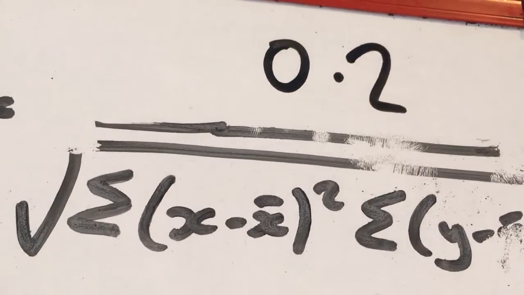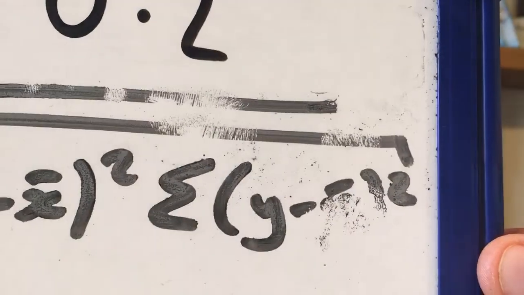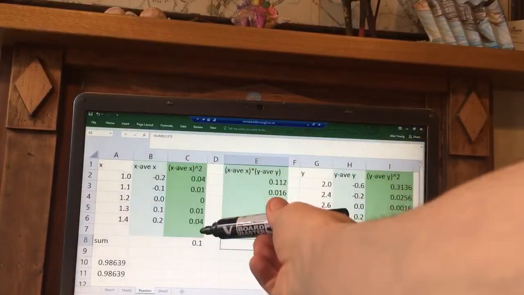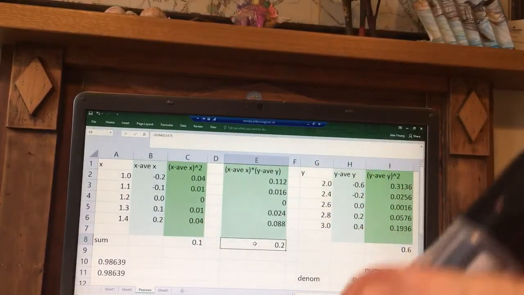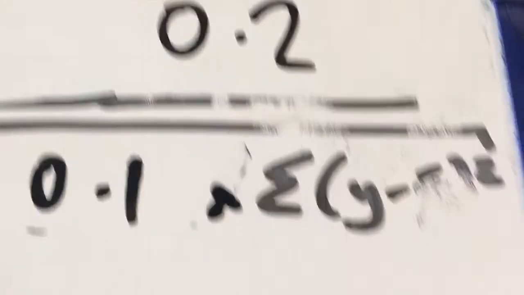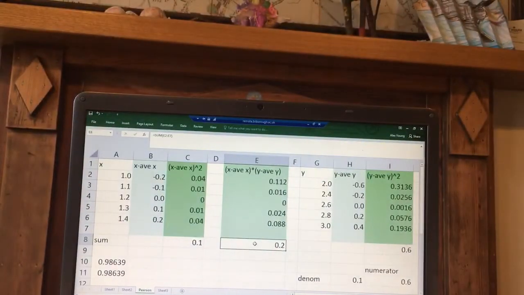Now, the bottom line is a bit more complicated. I'm going to add up all of x minus x bar squared. From this, I can see that it's the adding up of that column. So that's 0.1. And the other one, y minus y bar squared, is 0.6.